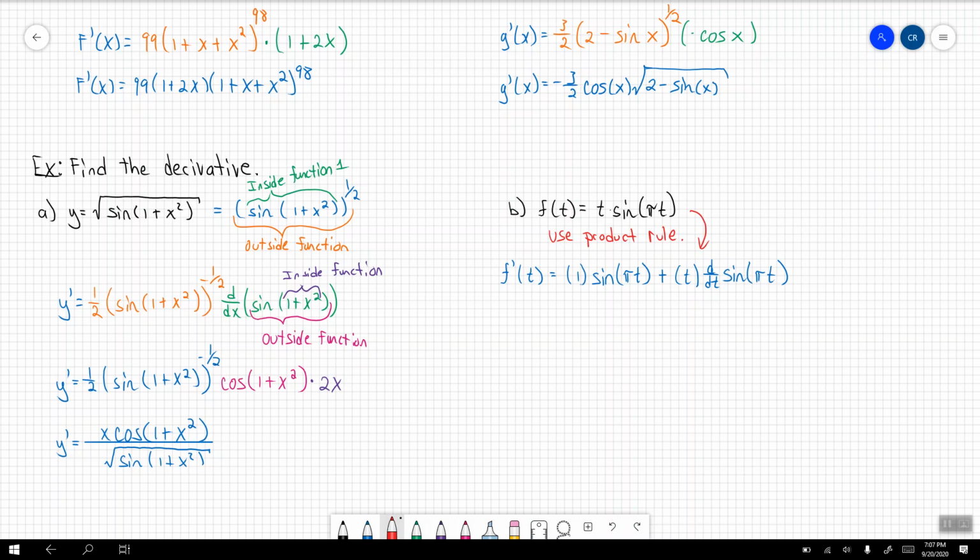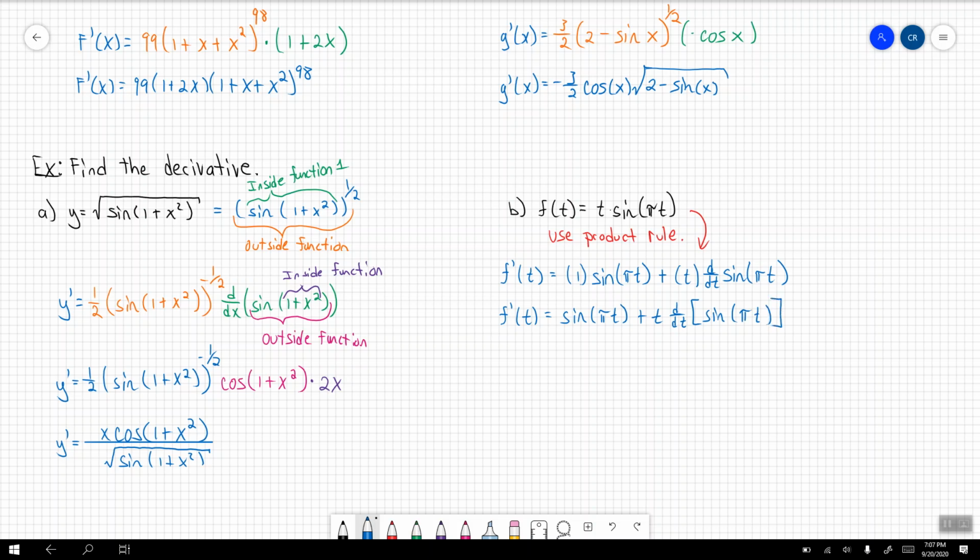Now I'm going to use the chain rule. So I'm going to go through and clean this up just a little bit more before I start using my chain rule. And so far I have sine of pi times t plus t times now the derivative of sine of pi times t.